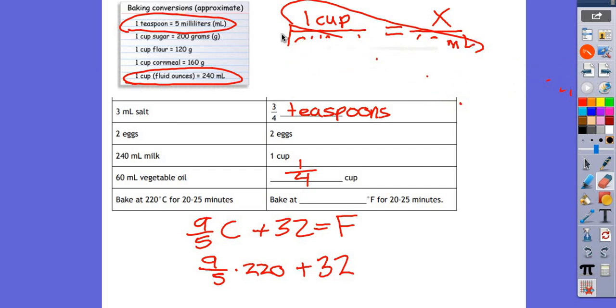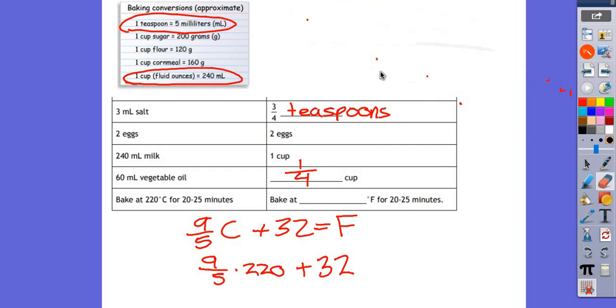I'm going to erase this and write my work up here. So I have 9/5 times 220 plus 32. Order of operations, multiplication and division first. But I don't want to get this into a decimal, so I'm going to multiply these two as fractions.